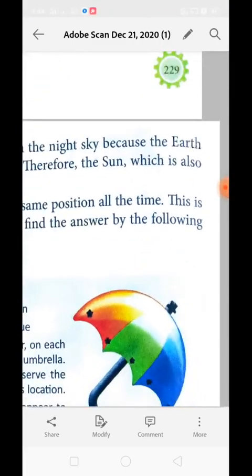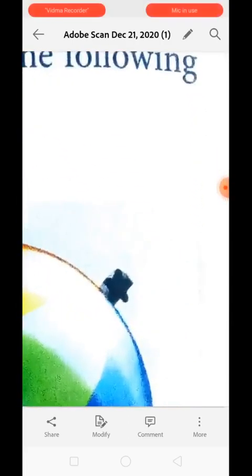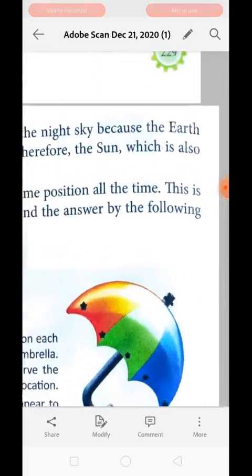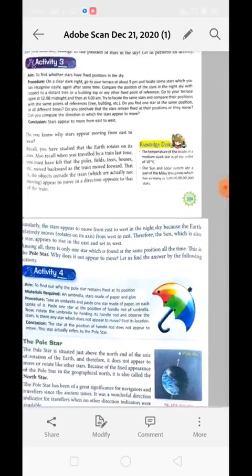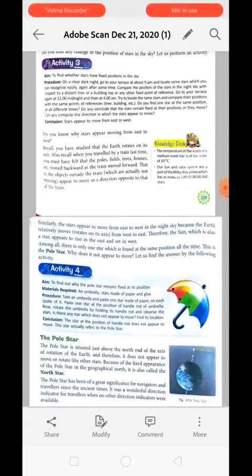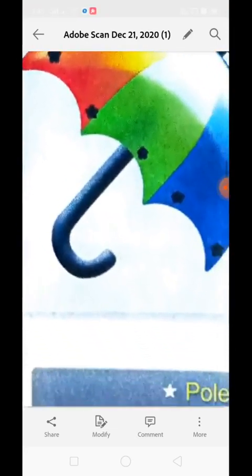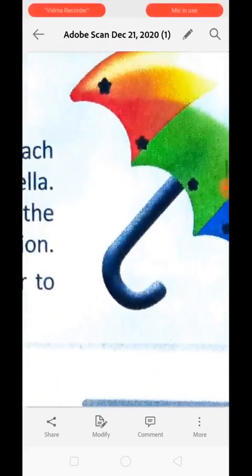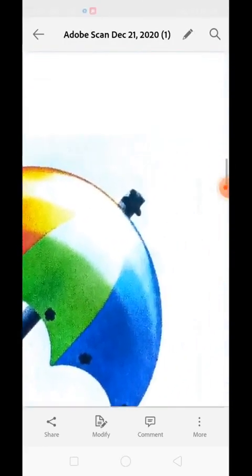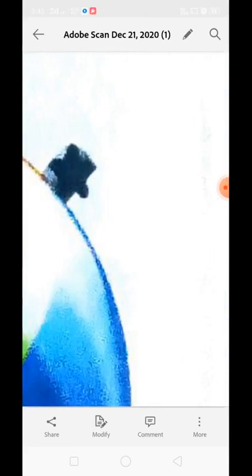Now we have to rotate the umbrella. When we rotate the umbrella, we will observe that all the stars present on the side are changing their respective places, but the one present at the top in the center is not changing its place. It is fixed at a particular point.